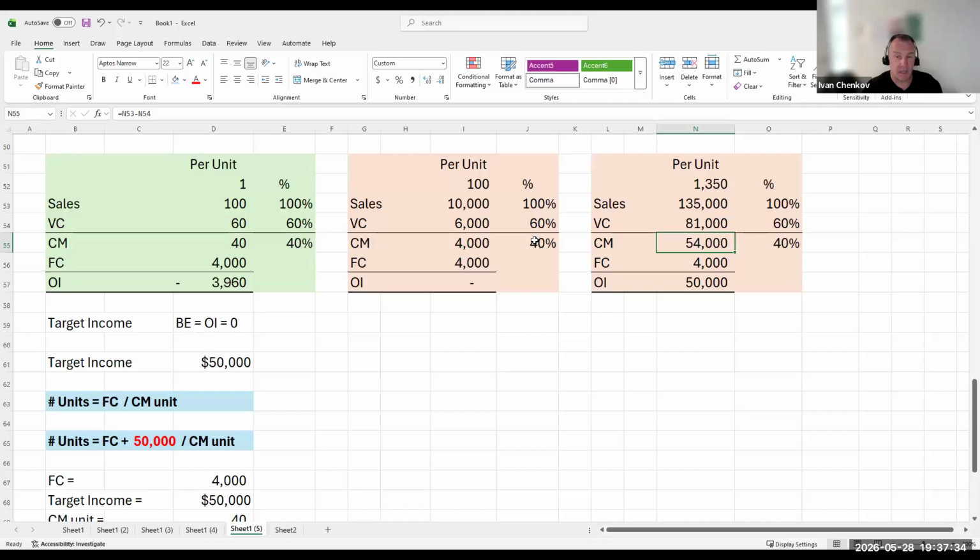So from this, the other way that you can look at it, you can interpret these numbers like this.